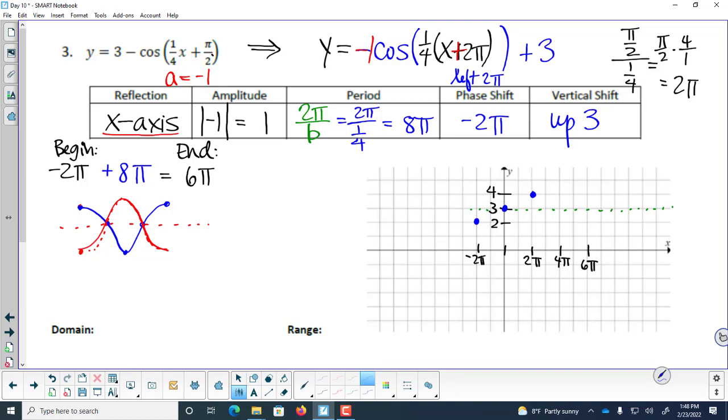The 3/4 is 4 pi, I'm back at the midline, can't get to the bottom unless you cross that midline. And at the end, I'm at the bottom. So remember, cosine, beginning and end is either high or low. You're at the same place. And here's what we got. That's the first cycle.